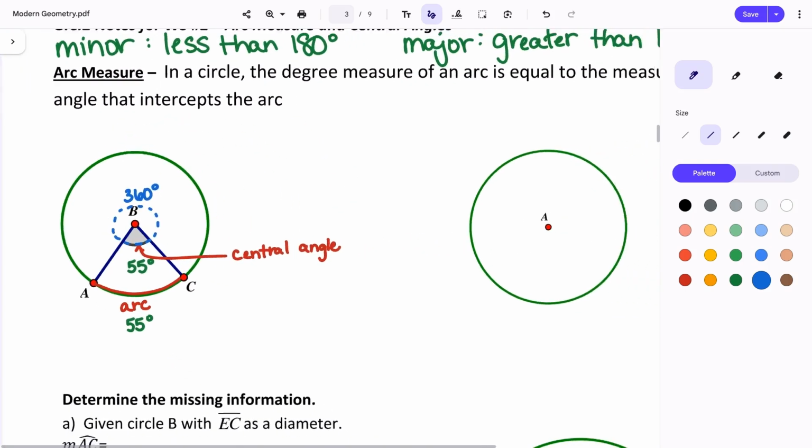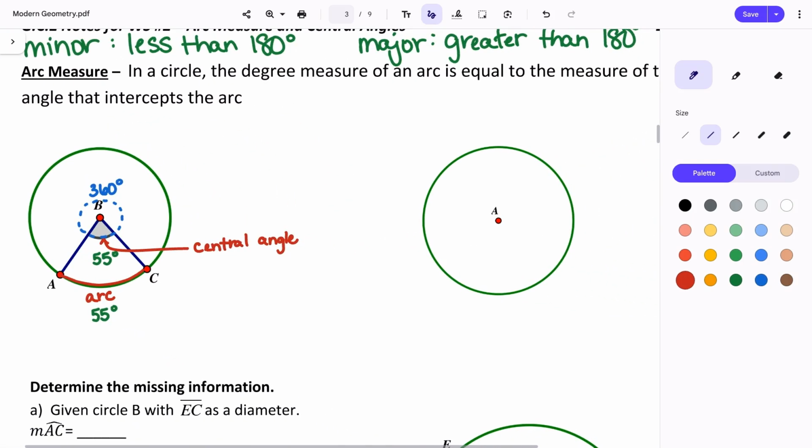The other circle we have over here is just to remind you that when we're dealing with a semicircle, that means there needs to be a diameter present in the picture. So remember, diameter from yesterday, it goes through the center and connects edge to edge of the circle. And if that happens, it splits that circle directly in half. Well, if a full circle is 360 degrees, then half a circle would be 180.